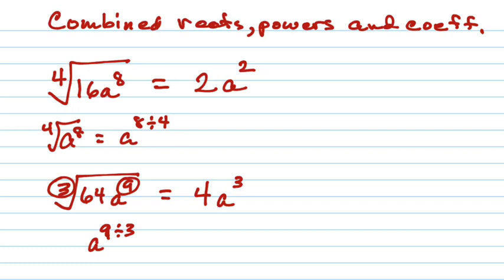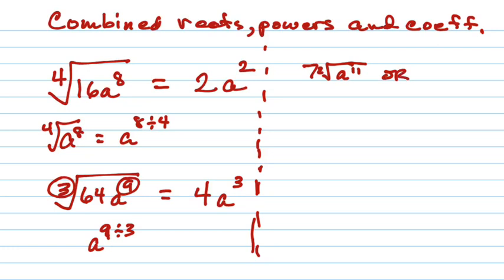I want to look at number 4. What I want you to do is turn to the back and tell me what answer they give you for number 4 so I can show you how to simplify this best. Is it 7a to the 5th with square root of a? 7a to the 11 over 2. Or 7 root a to the 11. There we go. So 7 root a to the 11 can't be simplified because 11 won't... What is the index here? 2. 11 won't divide evenly by 2, so they just left it alone.